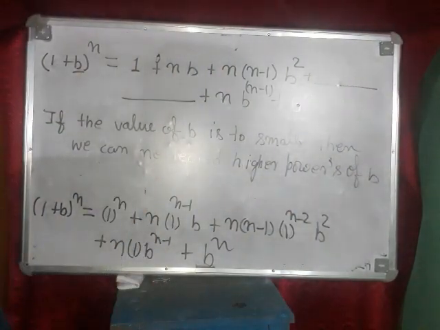If the value of b is too small, such as 0.002, 0.003, then the higher powers become too small.